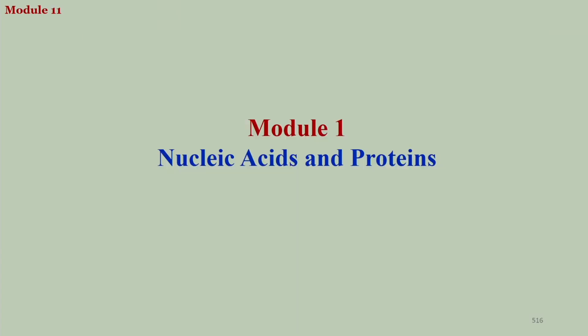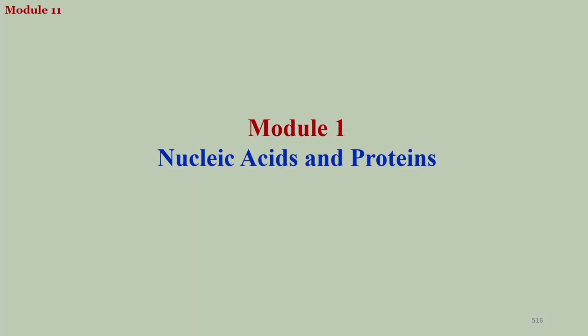So, I will give you a brief overview of whatever we have learned so far, the key points and the key aspects of those modules. So, let us start with module 1, nucleic acids and proteins.